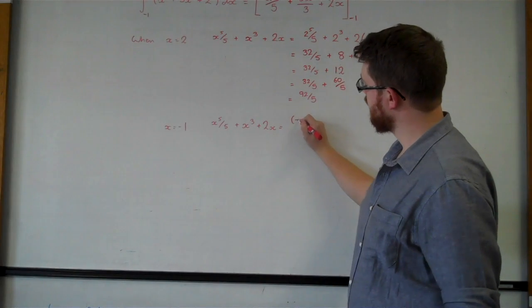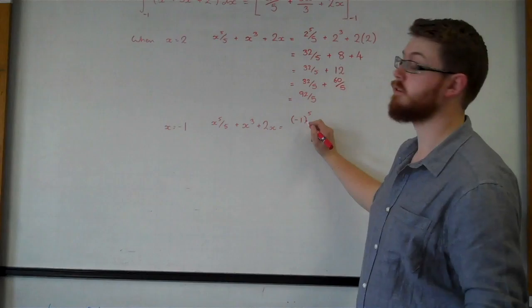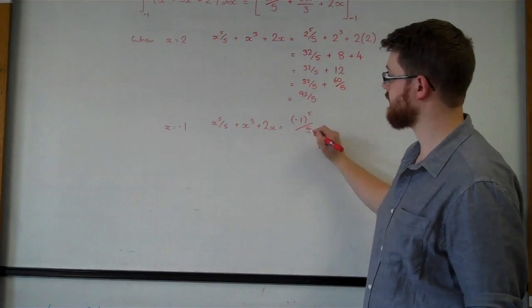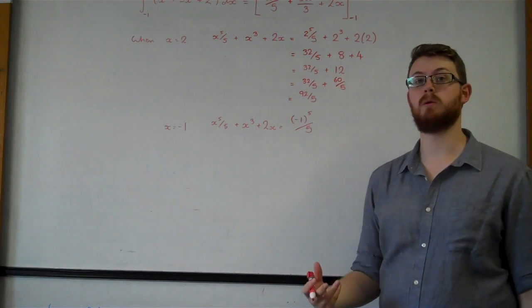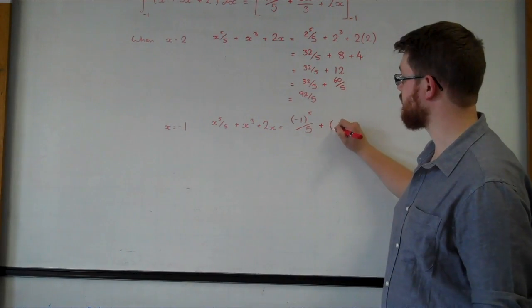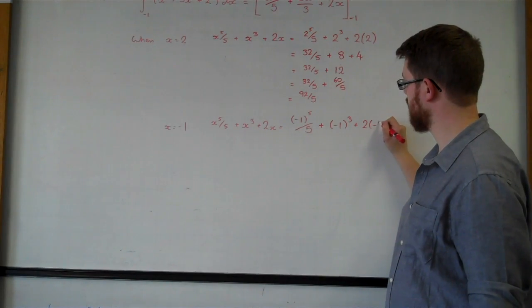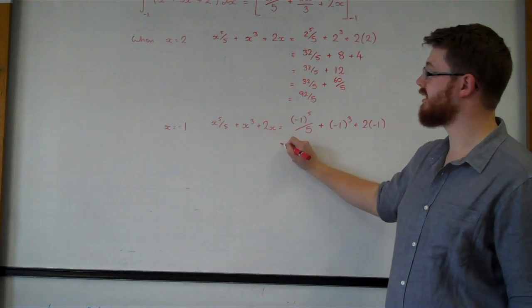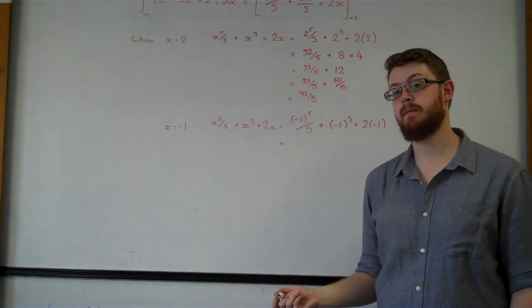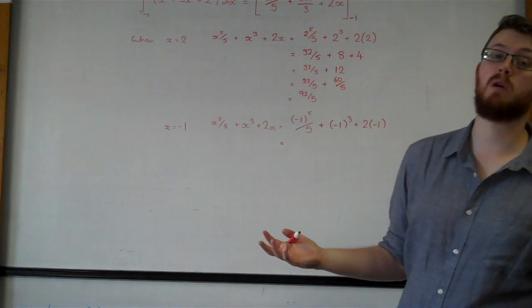Okay, so again, because we're dealing with negative numbers, you need to be very, very careful with your brackets. It's really important to keep up with your brackets when dealing with negative numbers. It's nice they've given us 1 to deal with, because, well, 1 to anything is 1.